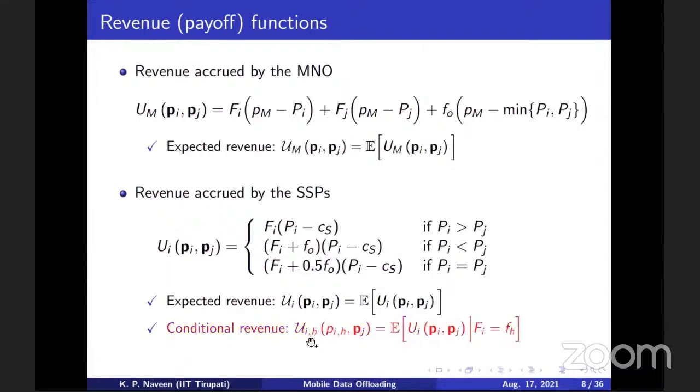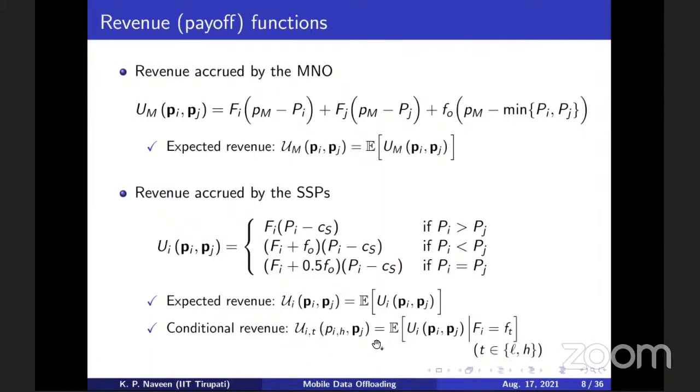Now, this is the conditional revenue given that the flow observed at SSP i is FH, high. In general, in the subsequent slides, I'll use this notation T, where T could be either low or high, and this is the conditional revenue given the type seen by the SSP.